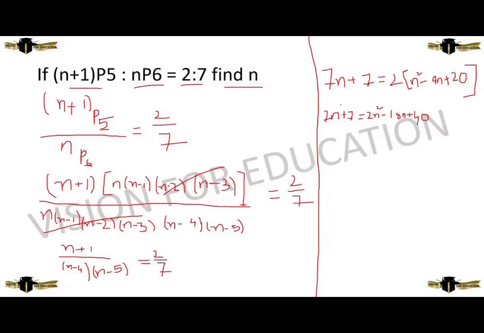Now we are going to move the left side elements to the right side: 2n square minus 18n plus 40 minus 7n minus 7.